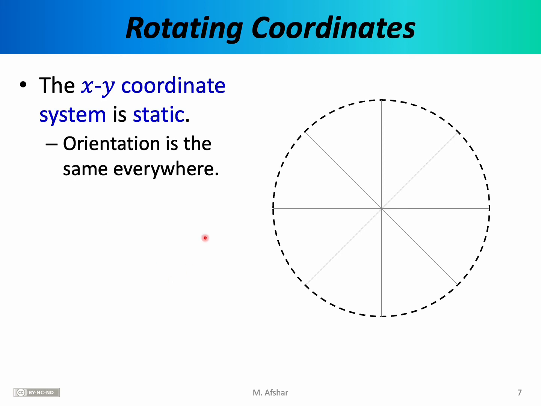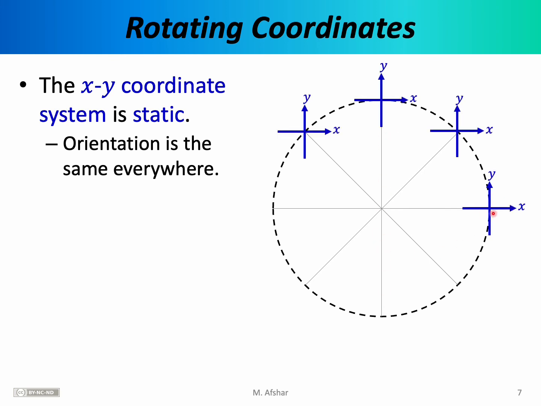To make that idea more precise, notice that up until now we've been using a standard XY coordinate system. The standard XY coordinate system is a static coordinate system, meaning that its orientation is the same everywhere, no matter where the particle is located. The x-axis is always horizontal, left and right, and the y-axis is always vertical, up and down.